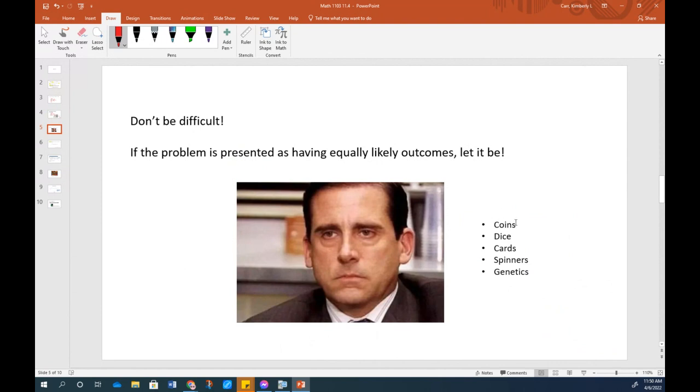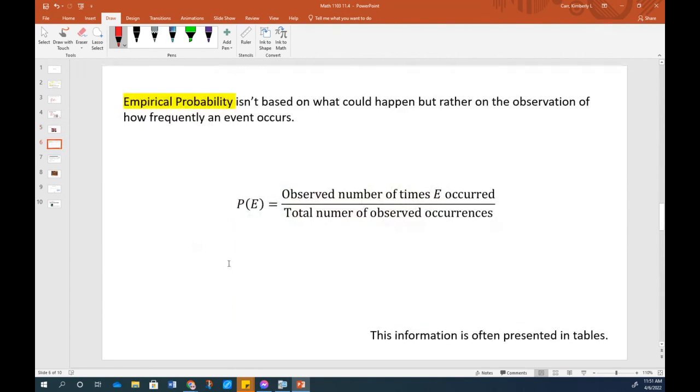Technically, on a coin, one side has a little bit more metal than the other side, and it's not exactly half and half, but it's really, really close, so we count that as half and half. The dice that you're presented, you will assume they are fair dice. The cards, it's a brand new deck of perfectly fair cards. The spinners are not bent. No matter what's going on, if it's presented to you as having equally likely outcomes, let it go and assume it is.